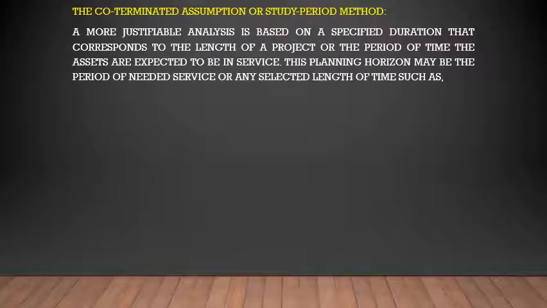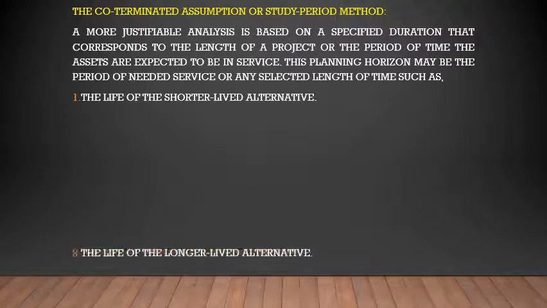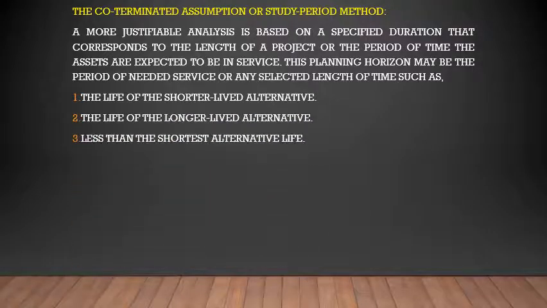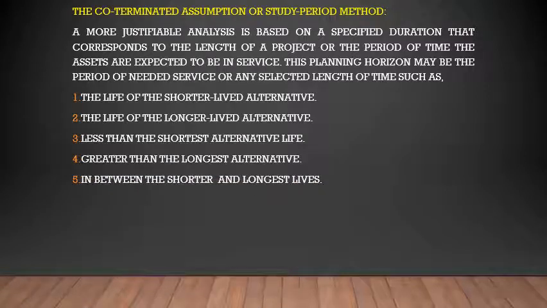The second, co-terminated method is also termed the study period method. I select a study period based on the life of the shorter-lived alternative, or the longer-lived alternative, or in between shorter and longest life.